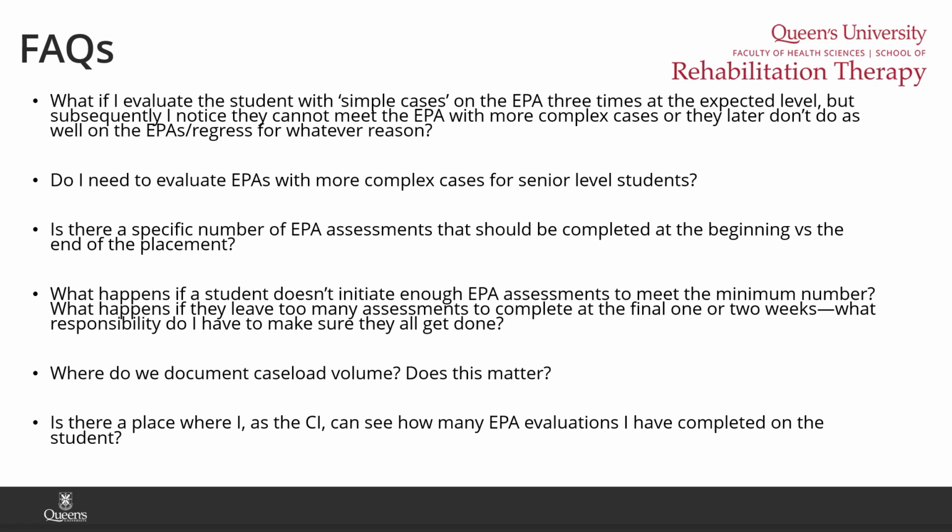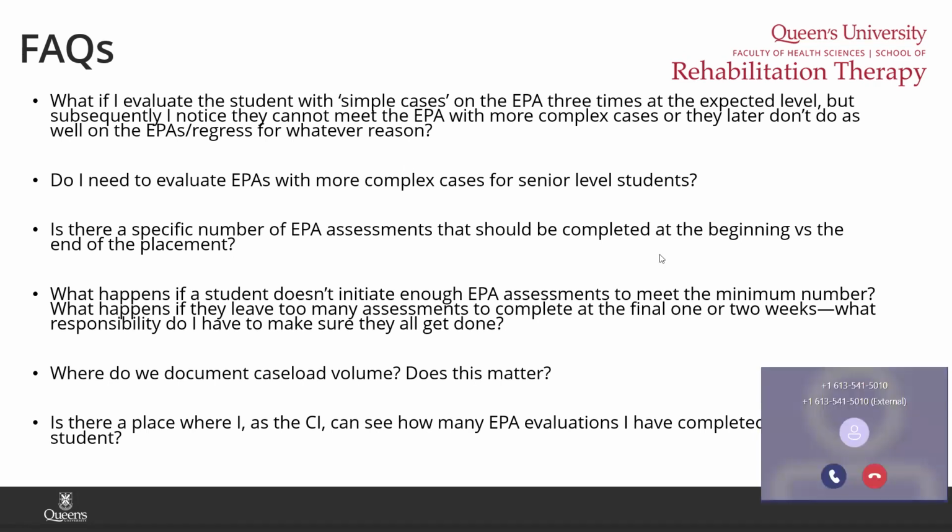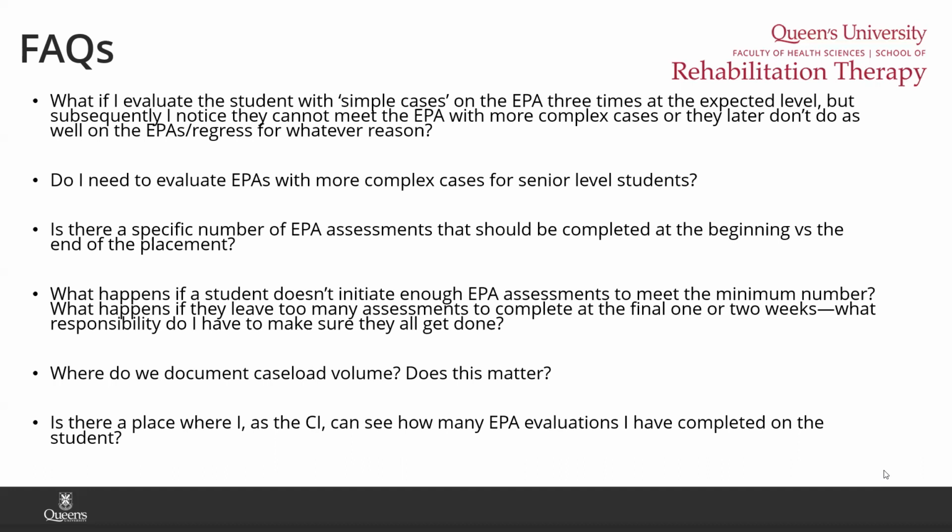They still need to perform those EPAs with a greater caseload volume and greater autonomy, and so you're effectively evaluating their ability to do that. But we're not dictating that you absolutely need to have 75% of a caseload independently, otherwise you can't complete this placement. So we're in a bit of a middle ground with that.